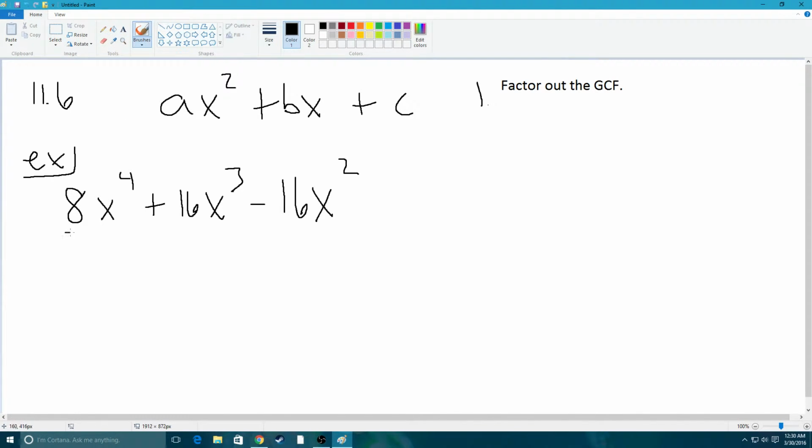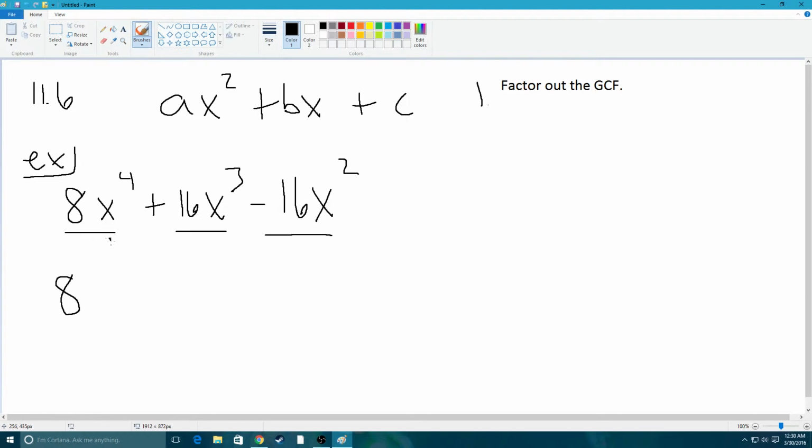Well, this guy has an 8 and some x's. 8 also goes into 16, and this guy has some x's. And this also has an 8 that can be taken out of it and some x's. So the greatest common factor of 8, 16, and 16 is going to be 8.